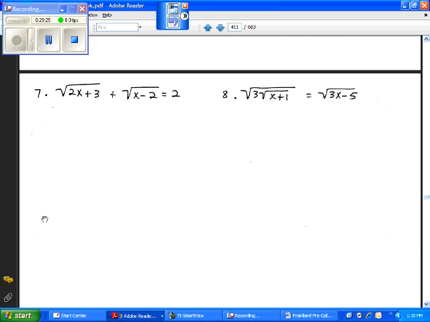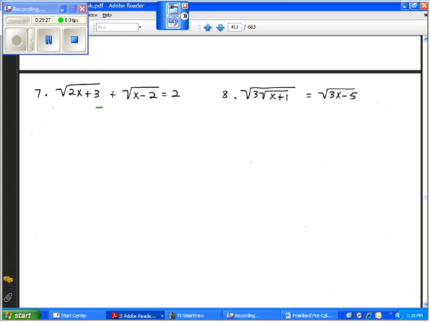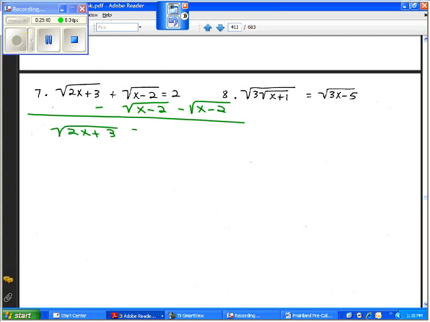Number 7, we have 2 square roots. We need to isolate one of the 2. So we're going to move this one to the other side. So we're going to have square root of 2x plus 3 is equal to negative square root of x minus 2 plus 2, or you could have left it 2 minus square root of x minus 2.